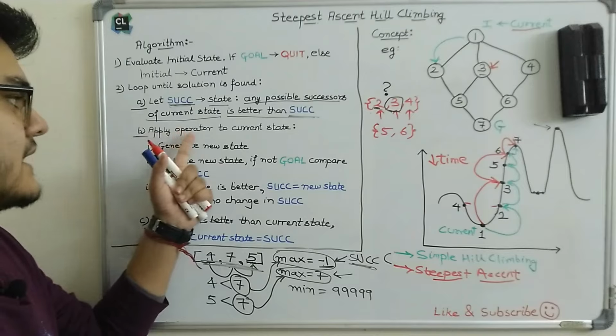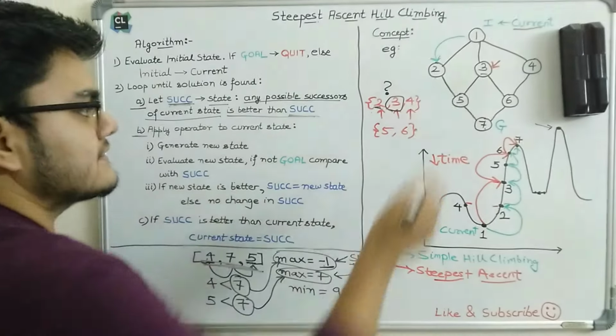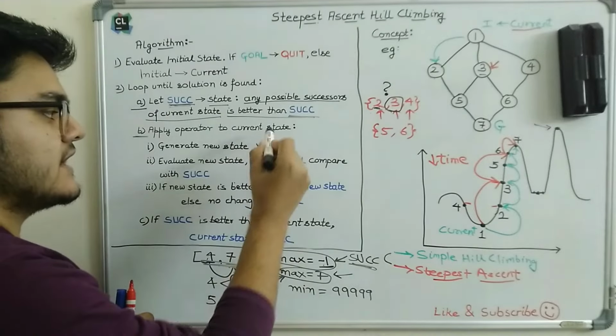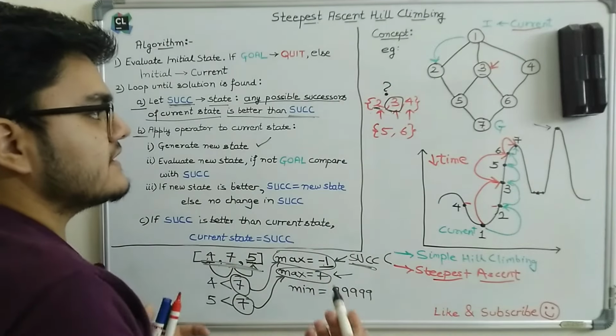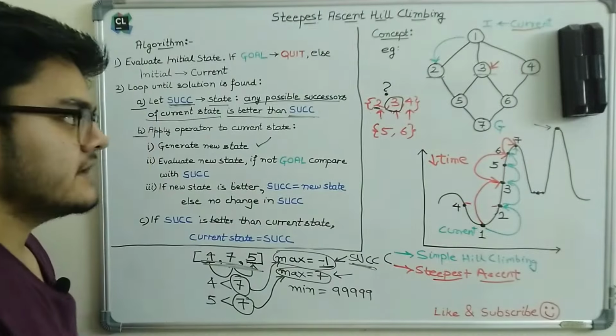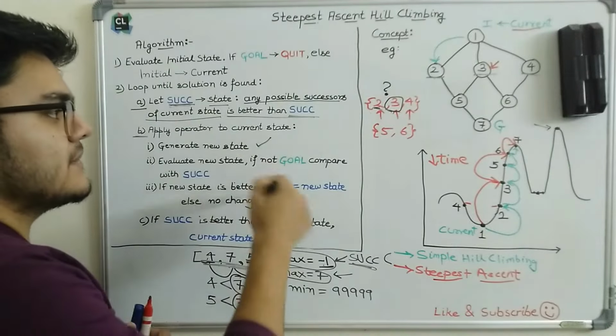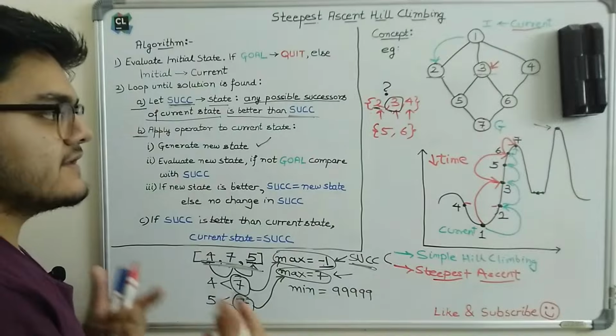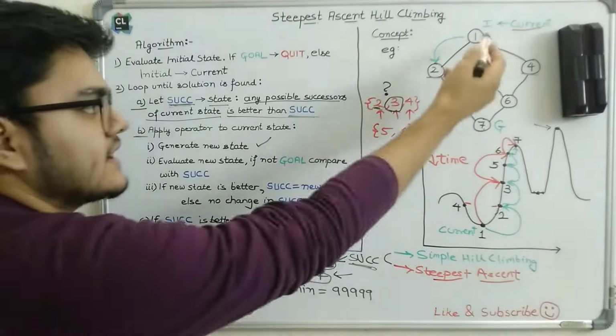It says to apply the operator to the current state. So after applying the operator, we will generate a new state, right? Now, what are the states that we are going to generate? 2, 3, and 4, right? So obviously this is going to come in a loop. We will do it until there are no operators left to be applied on the current state, right?